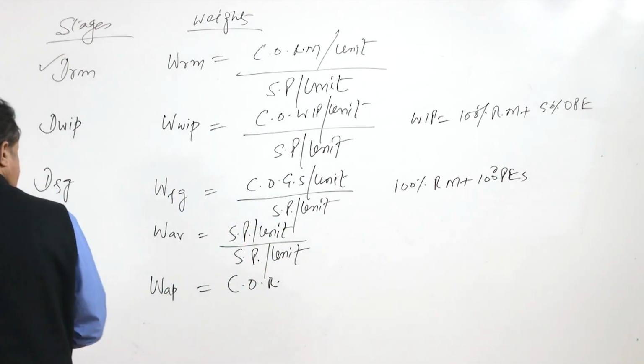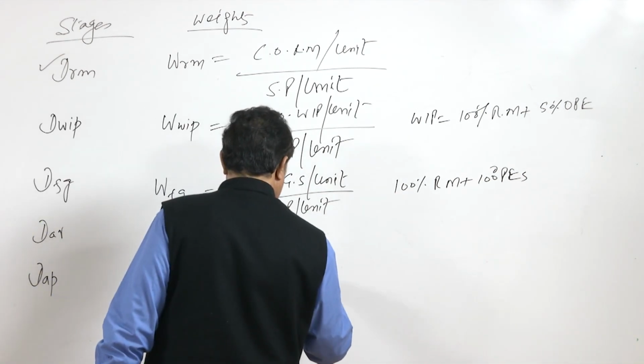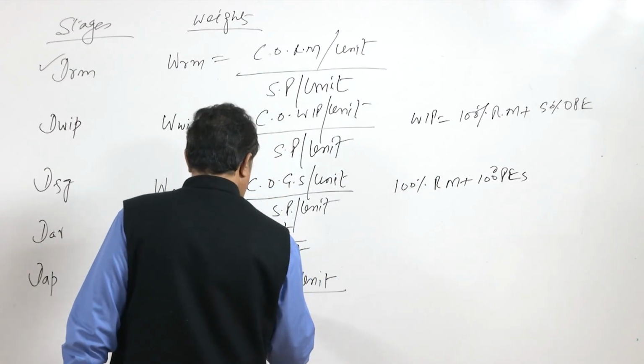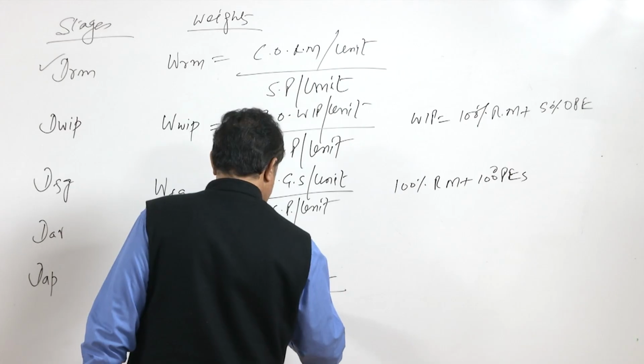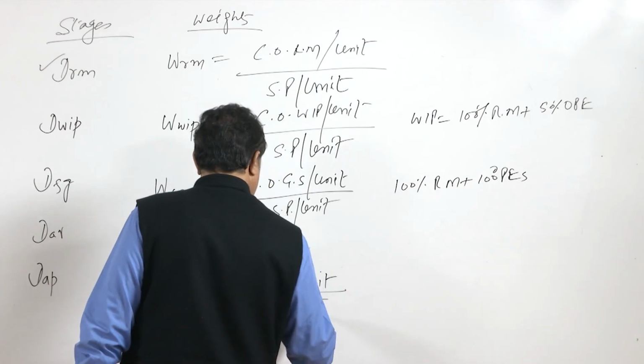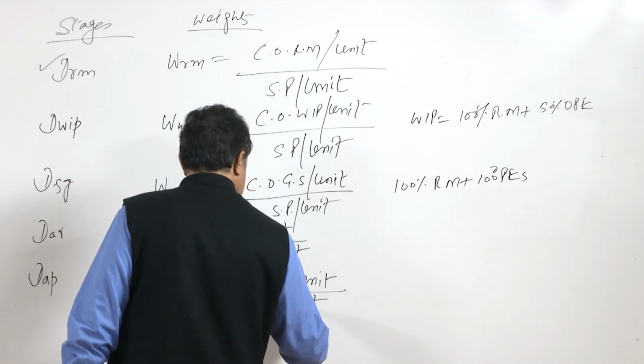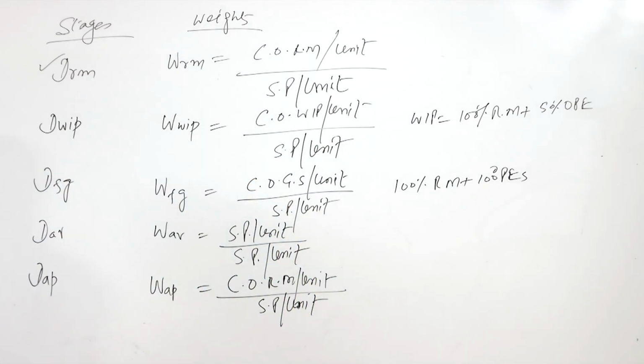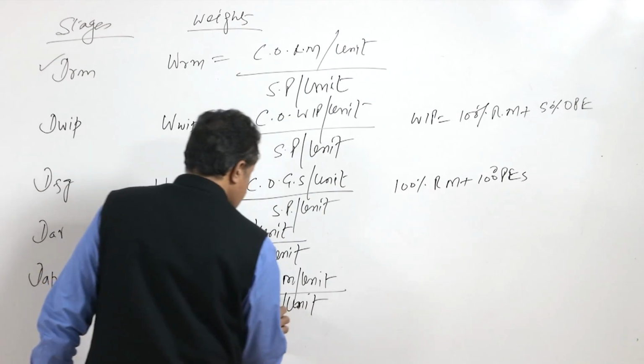So, it is cost of raw material per unit divided by selling price per unit. So, you can easily find out the weight for this.